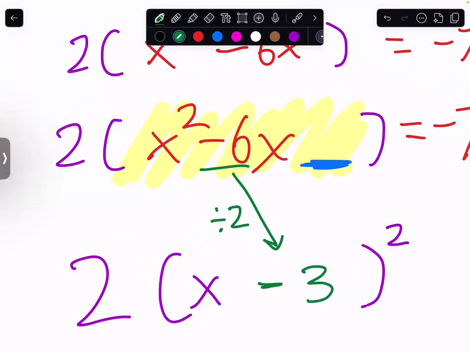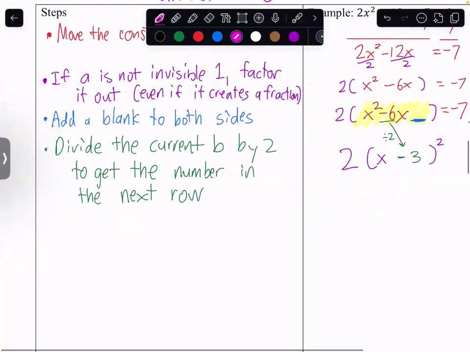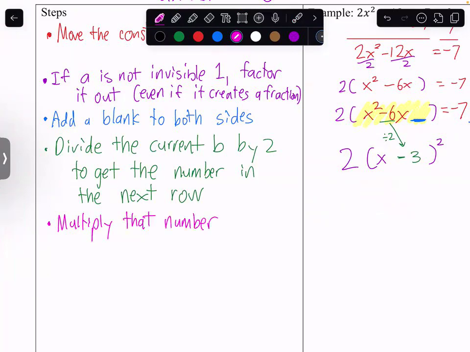It's the same thing we did on the previous page, but I'll write it again. Whatever number you got from that previous step, multiply that number by itself, meaning square it.